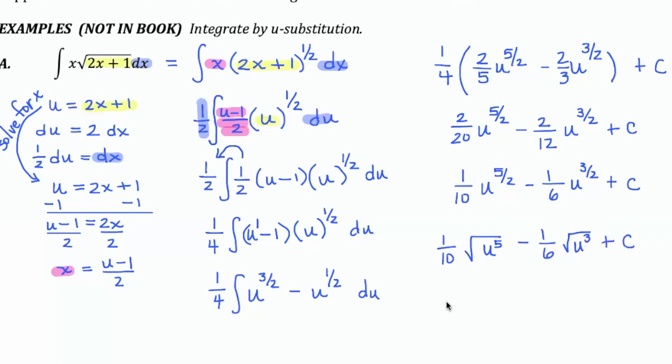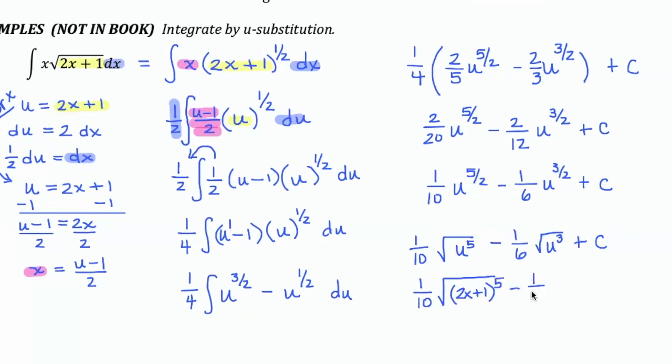And the last step, of course, is to get rid of the u's and go back to having x's. So my final replacement takes me to 1/10 square root of 2x plus 1 to the 5th minus 1/6 square root of 2x plus 1 cubed plus c. Fun.